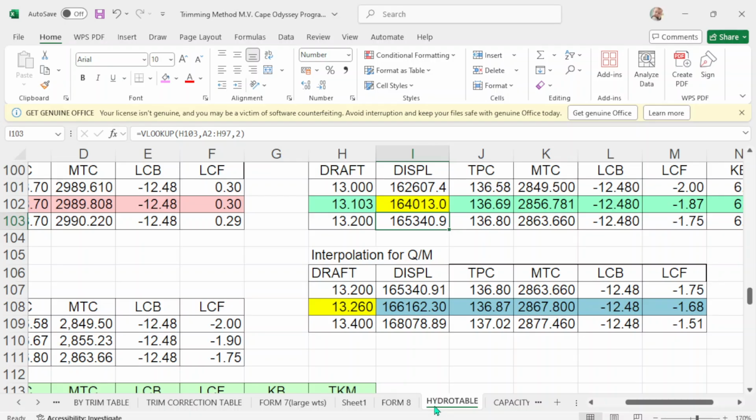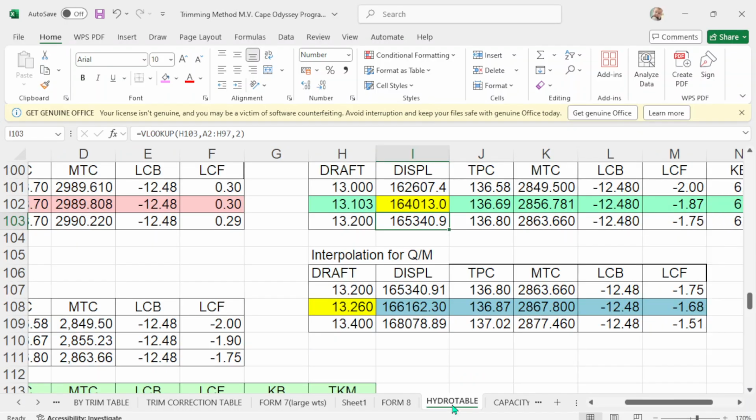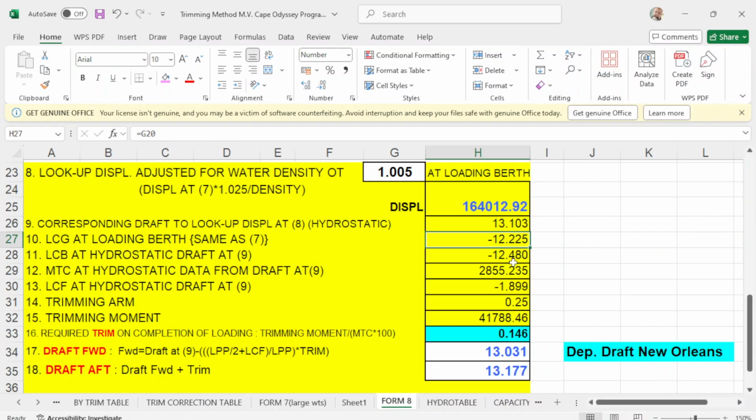164,013, draft 13.103. What will be its LCG?